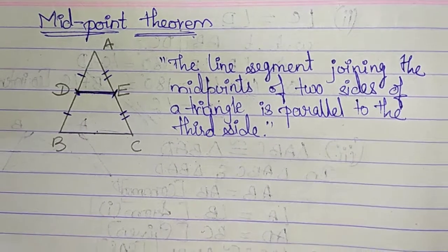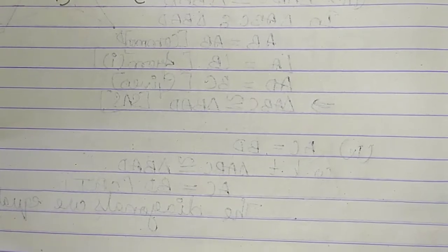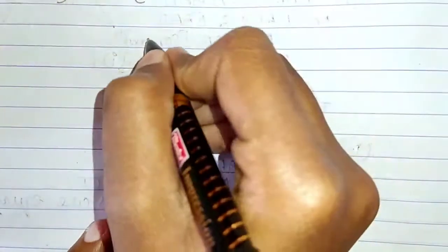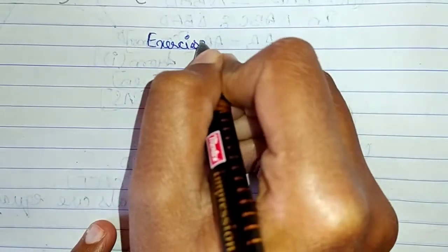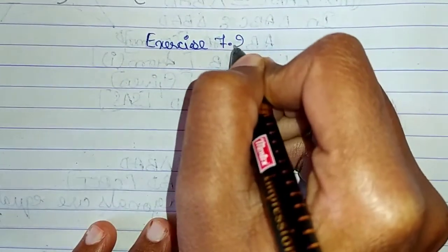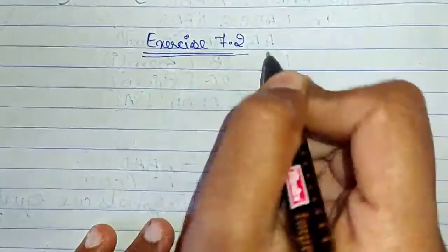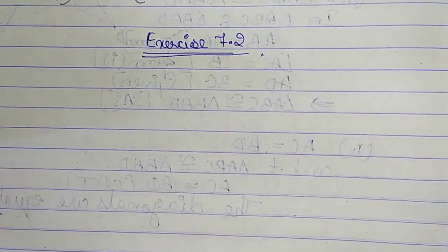Now moving on to exercise 7.2. There are two solved examples between the theorem and the exercise, which I am sure that you guys can solve on your own, so I'll directly skip ahead to exercise 7.2.